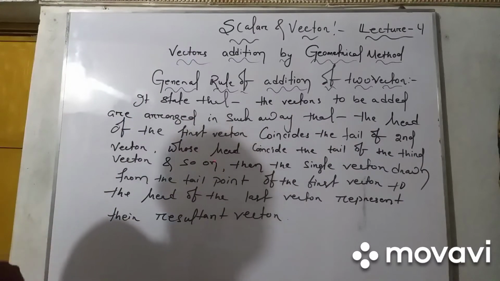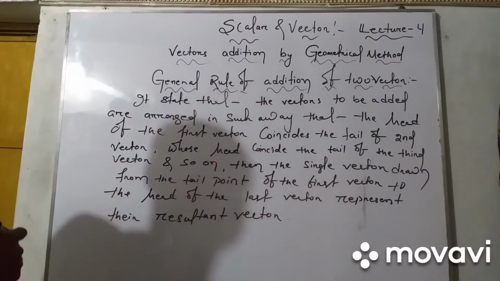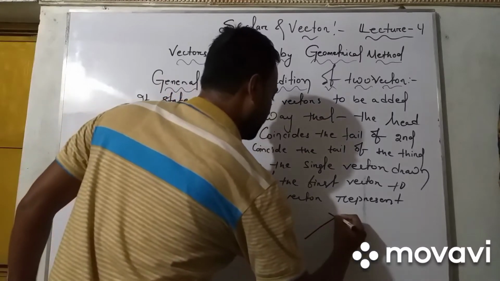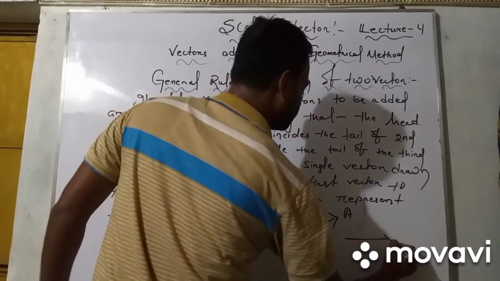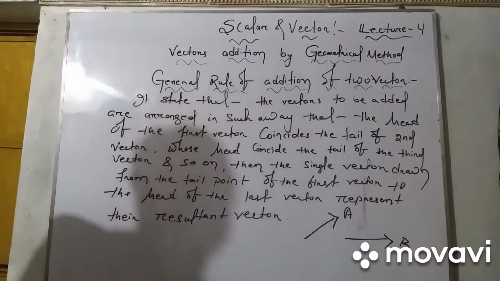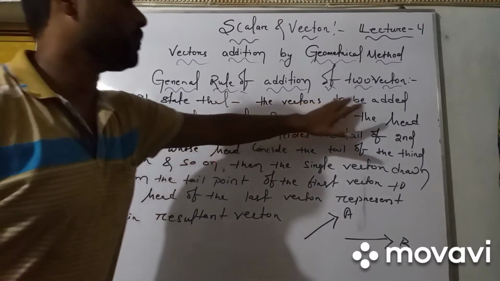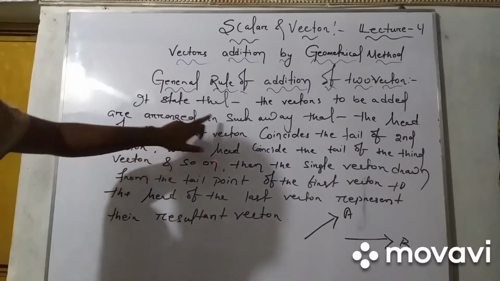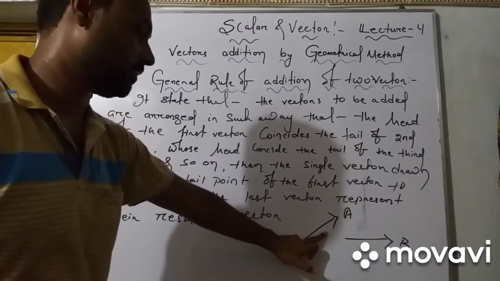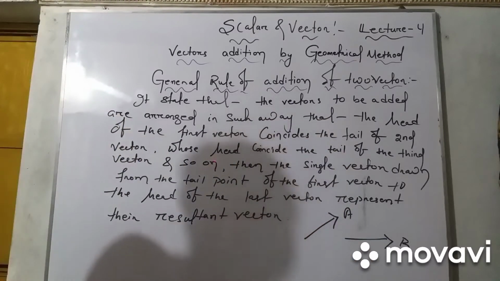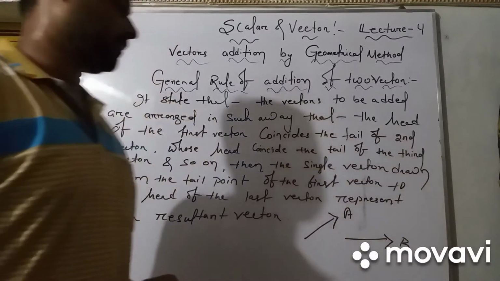Suppose this is vector A, and this is vector B. According to that definition, the vectors to be added are arranged such that the head of the first vector coincides with the tail of the second vector.